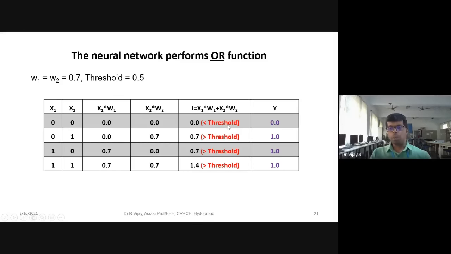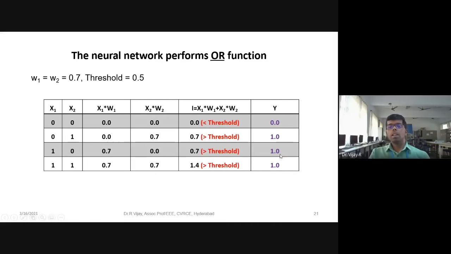So what is the output? The output is being given based on the threshold. Here it is taken as 0. Where the value is greater than the threshold, I take the output as 1, because your activation function has to take 1.